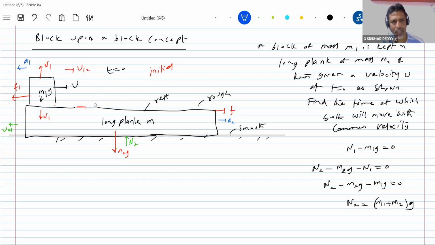I'll write only F, because F1 will get confusing. What is the acceleration a1? First we'll calculate the specific values here. After some time, can anybody tell what situation will arise? The plank will no longer be here, because of this acceleration, the plank will shift.